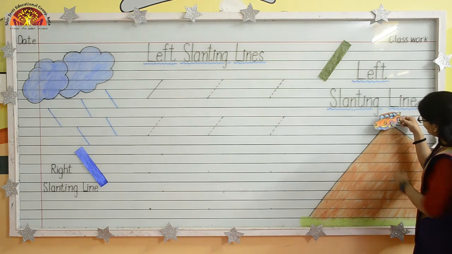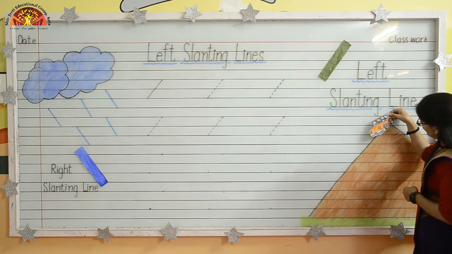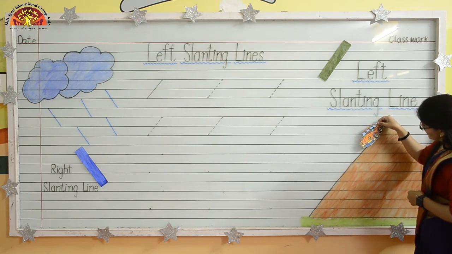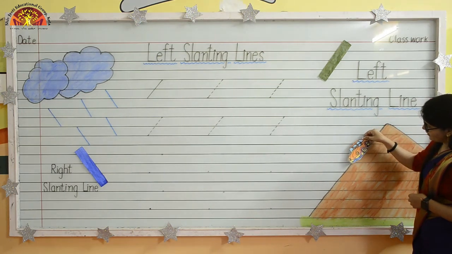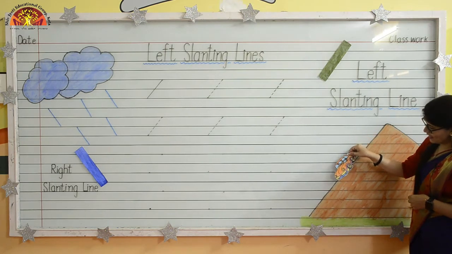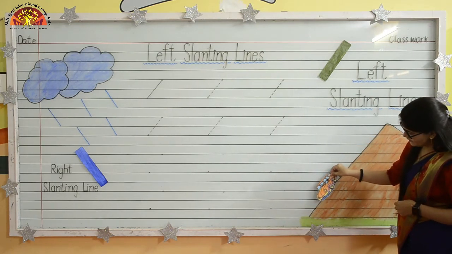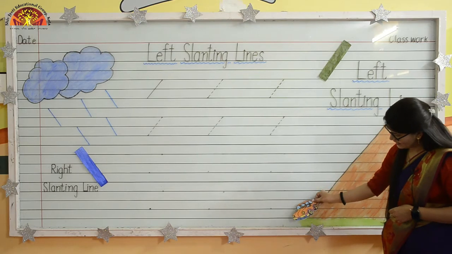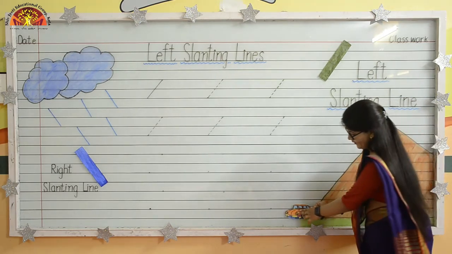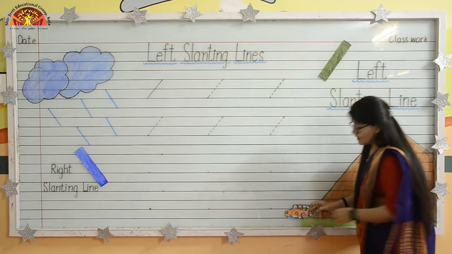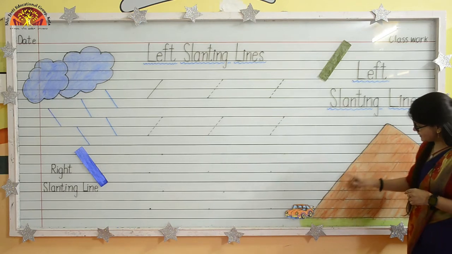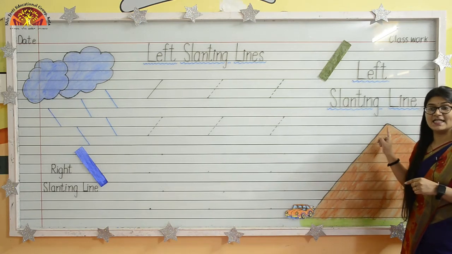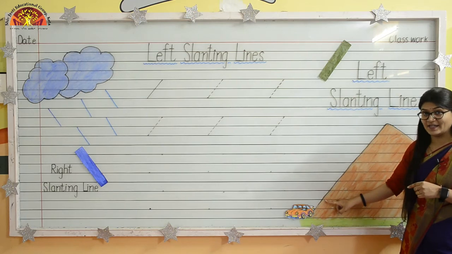Okay, now this car is coming down from hill in a form of slanting line like this. So tell me, what is this? This is left slanting line.